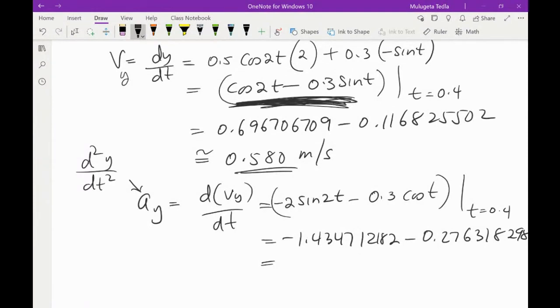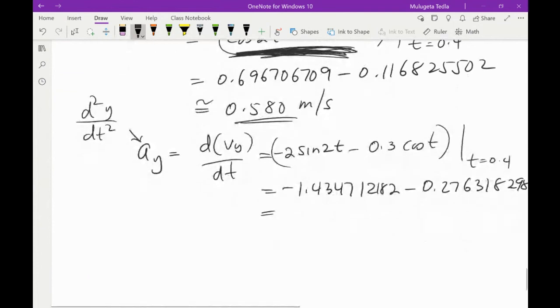Positive? No, hold on. Minus 0.3 times cosine of 0.4 is positive, with this minus already there. So there will be two minuses: 1.434712182 plus 0.276318298.